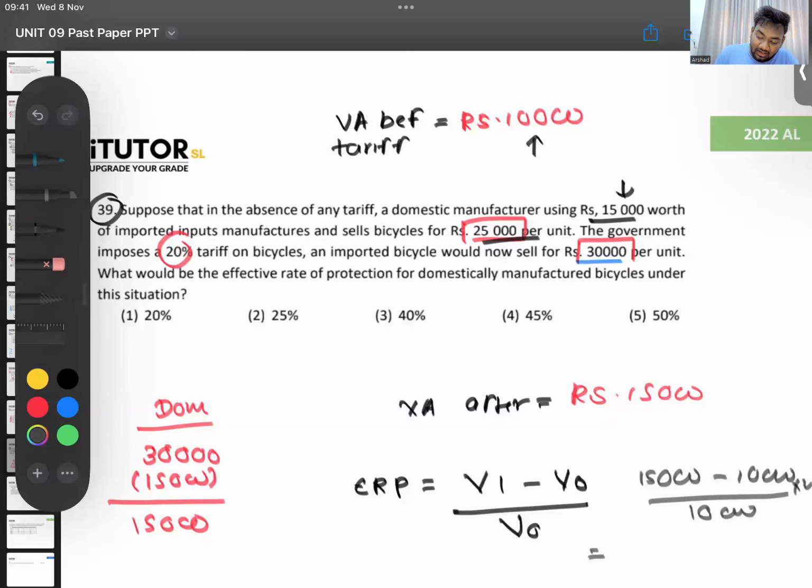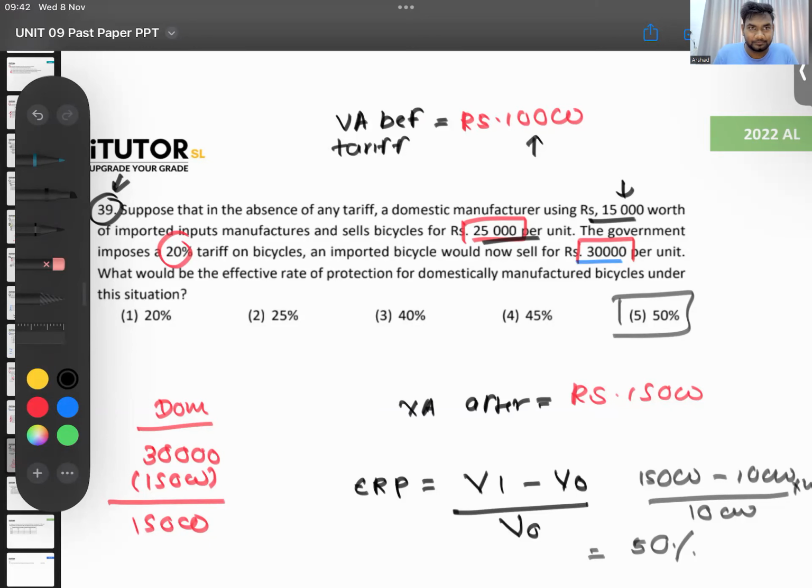You multiply by 100 to get a percentage. So 5,000 over 10,000 into 100, you get 50. That is his effective rate of protection. We've done much more complex questions in certain mock exams, hoping you all know how to get that done. Is that fine, Lamai? 39.